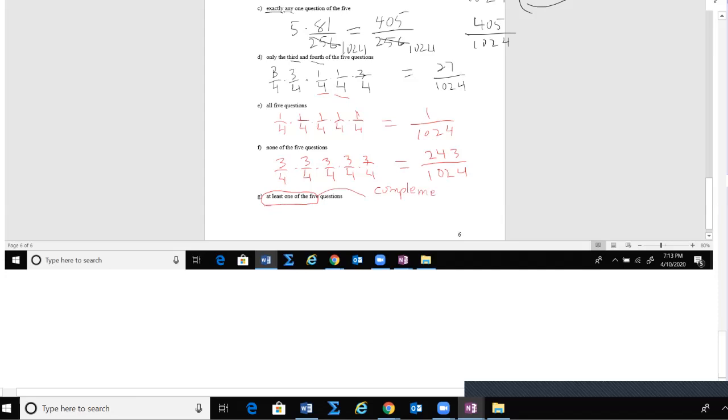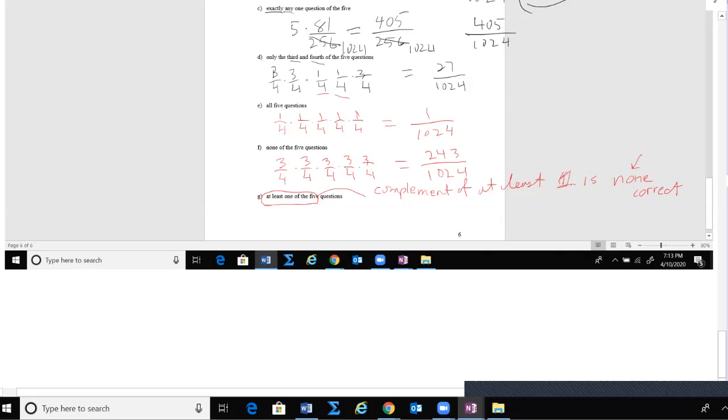Complement of at least one is none. None correct. Okay, so that's our complement of at least one, is none. None means that they got all 5 wrong. Okay, that's an easy probability.